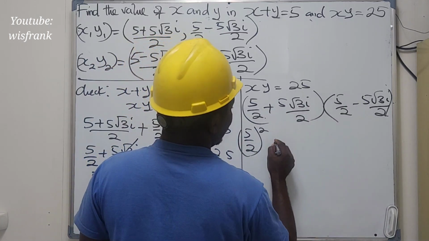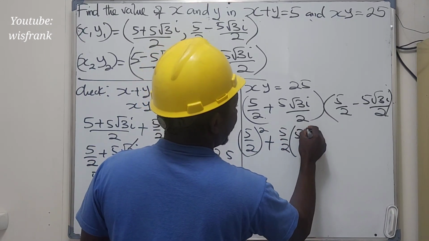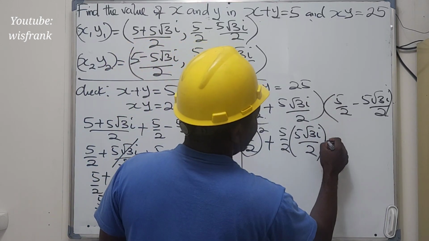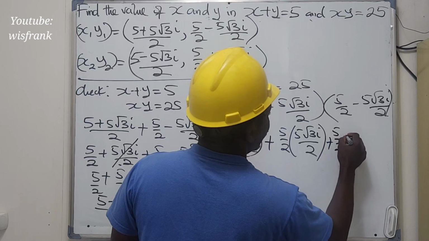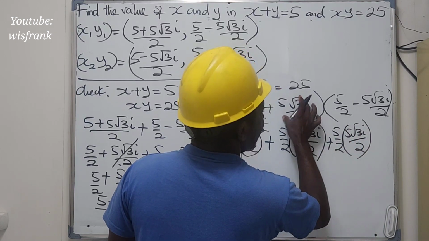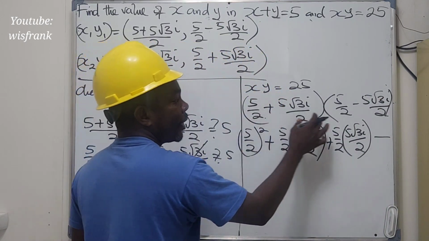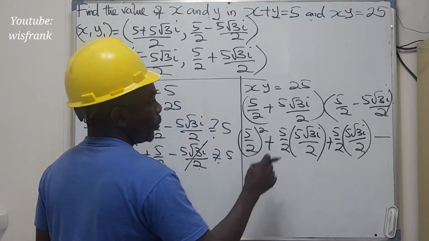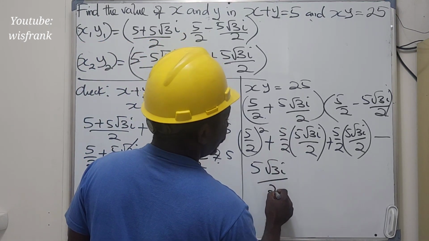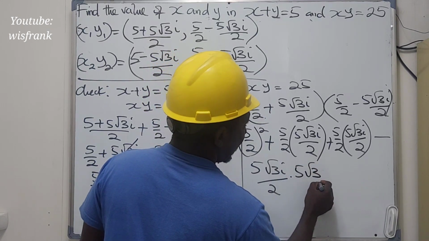Then this times this, we have plus 5 over 2 into 5 root 3i over 2. We have this as the same thing, 5 over 2 into 5 root 3i over 2. Then this times this will give us minus, because positive times minus will give us minus. So that will give us 5 root 3i over 2 times minus 5 root 3i over 2.